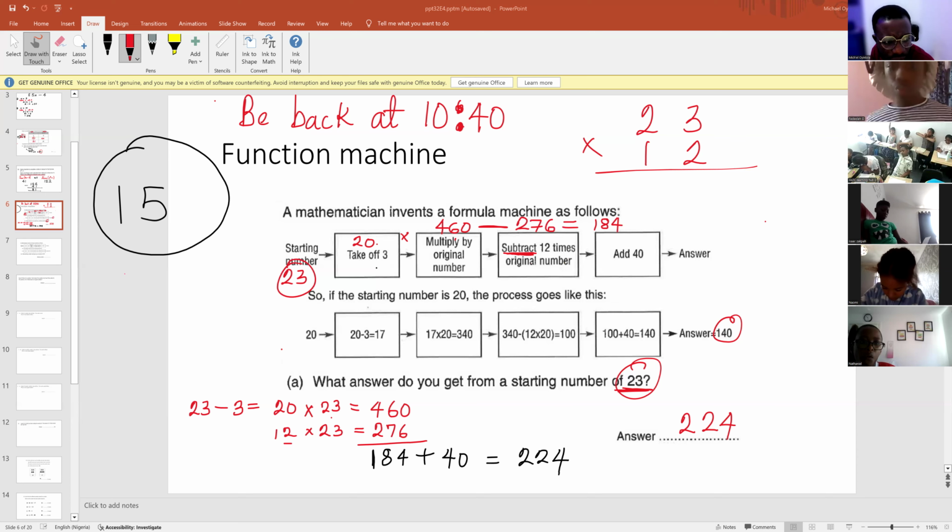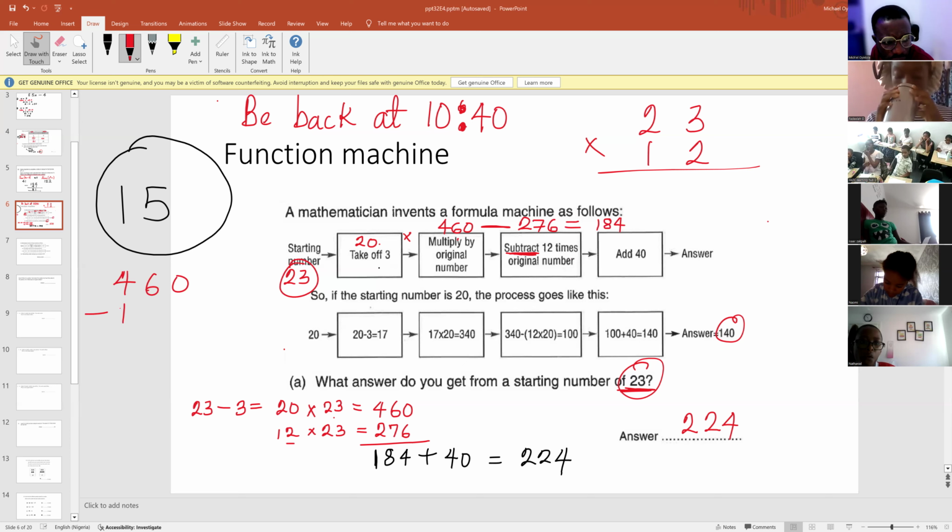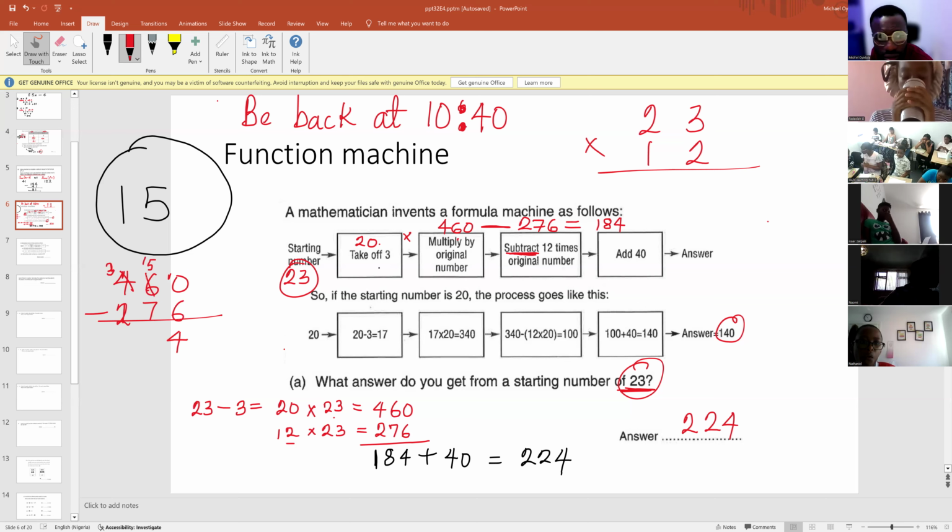Let's see: 460 take away 276. Borrow one here. That is 10 take away 6 is 4. It remains 5 here. Oh, you borrow one from here. That is 15. No, Michael, I meant 23 times 12.